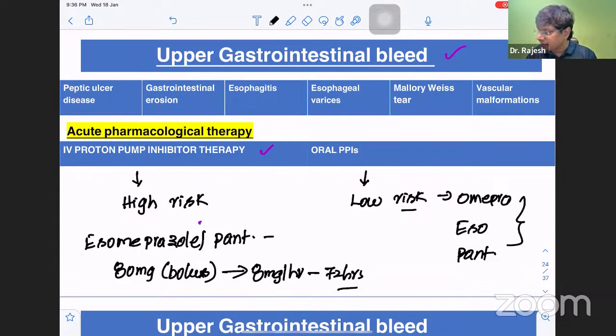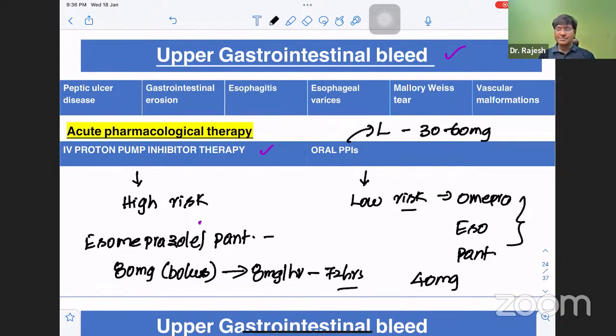Any of these drugs, the dosage is the same, 40 milligrams. But when you are giving lansoprazole, the dosage is 30 to 60 milligrams. You should give this oral proton pump inhibitor therapy once or twice daily, right? Once or twice daily. Okay, so this is the story of acute pharmacological therapy.